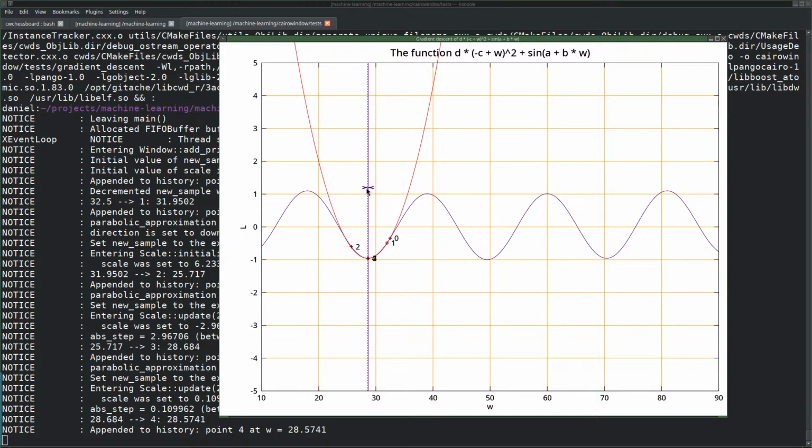And then the scale is set to that minuscule distance. But what we really want to do is not make it this small, but just keep it at 0.